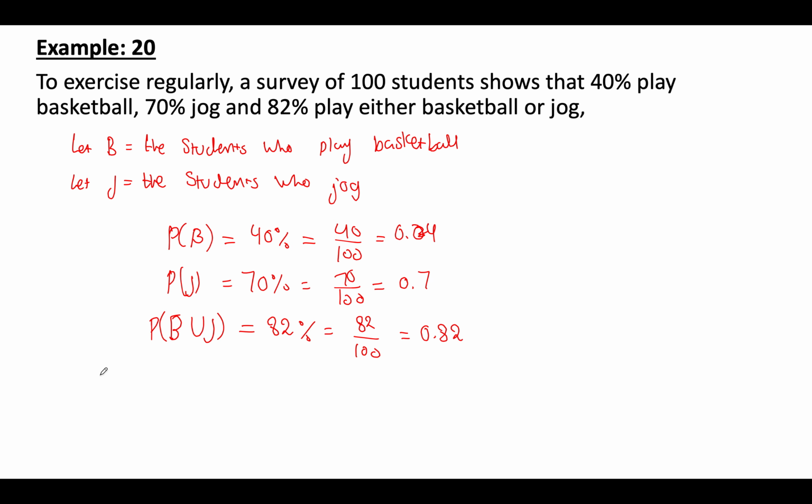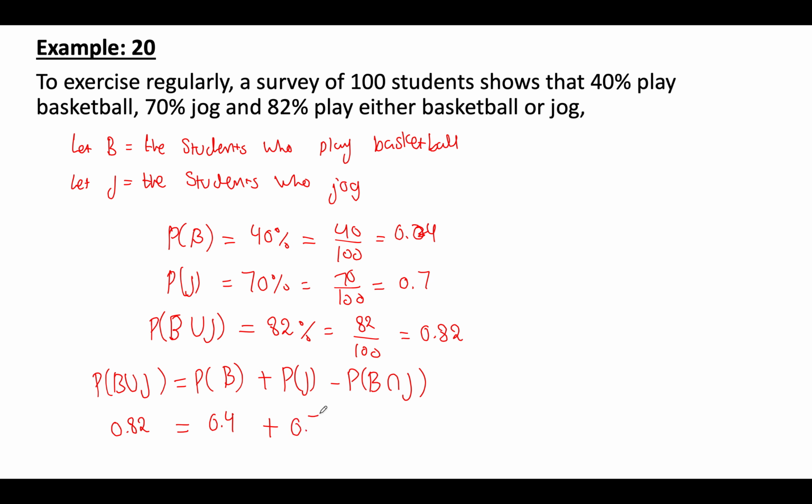Here we got that the probability of B union J is equal to the probability of B plus the probability of J minus the probability of B intersect J. The union is equal to 0.82, the probability of students playing basketball is 0.4, and the probability of students who jog is 0.7, and we need to find the intersect.